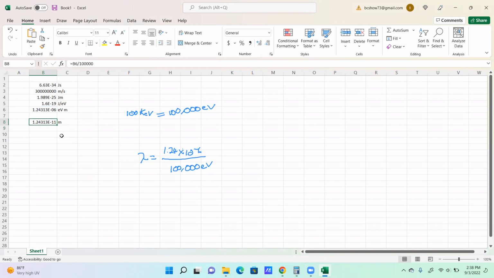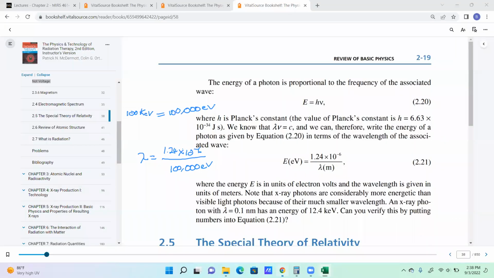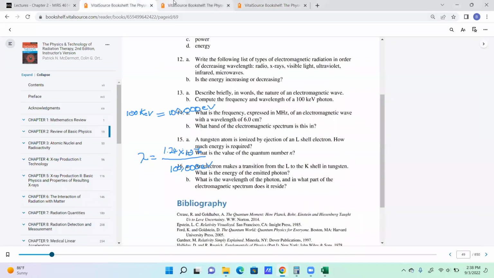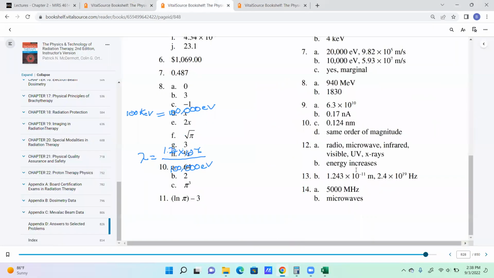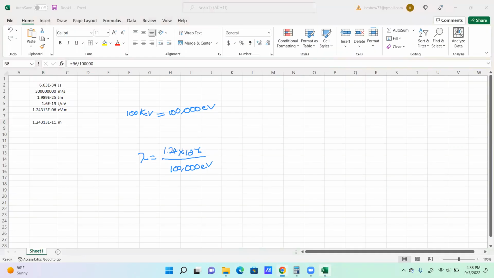How many nanometers does that come to? It's just asking us to find the wavelength. I'm not sure it's specified exactly which unit to use, but it does say 1.243 times 10 to the negative 11th meters, which is exactly what we've got here.